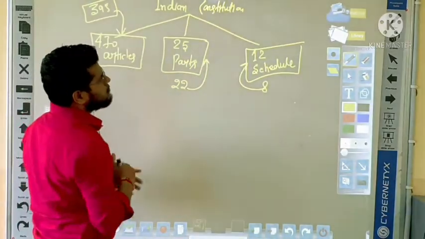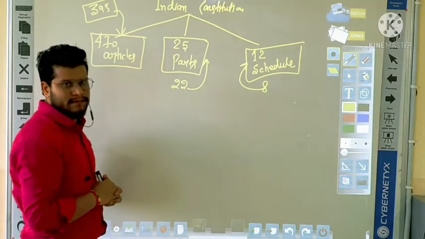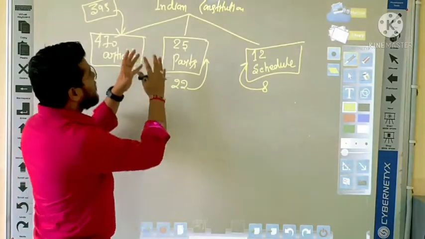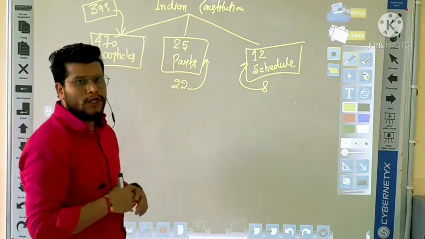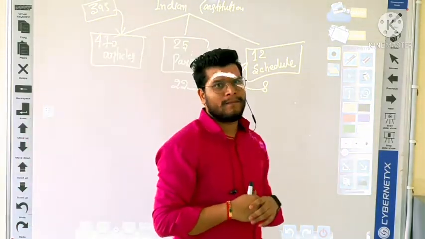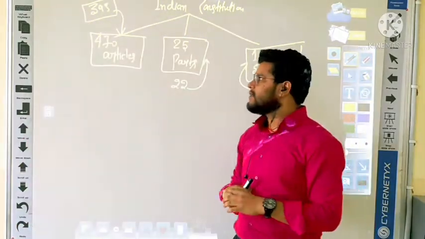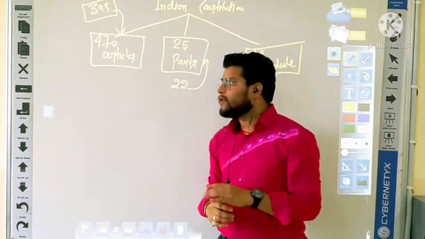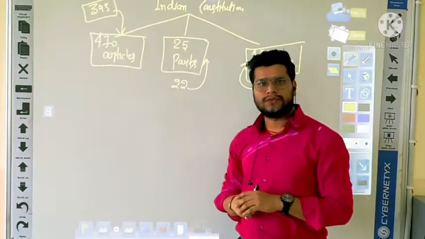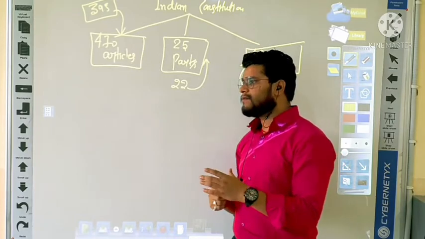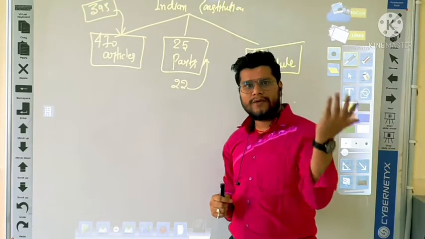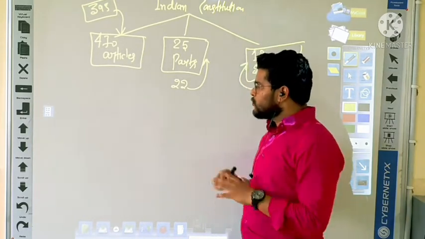Okay. So from this we get an idea of our constitution. Now you just think about it. It is not easy to go through the Indian Constitution in just 1 hour, or in 1 day, or in 2 days.